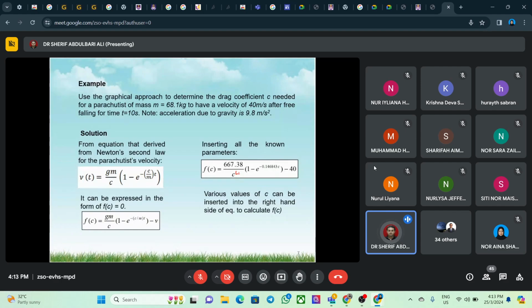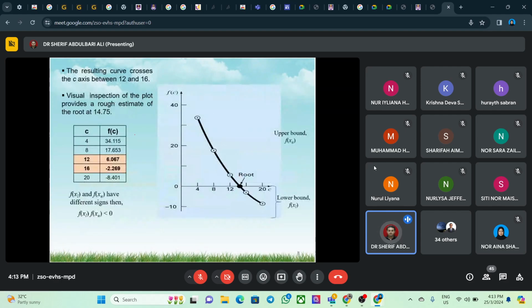You put the value of 4 and you make the calculation. You are going to get the answer that the function of the drag coefficient will give you the value of 34. So this is the value here, when C is equal to 4.